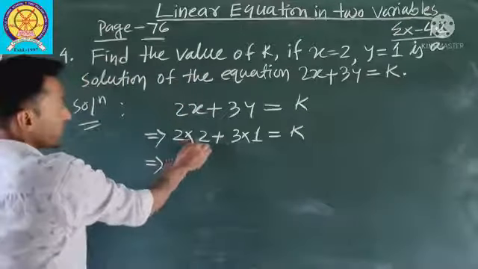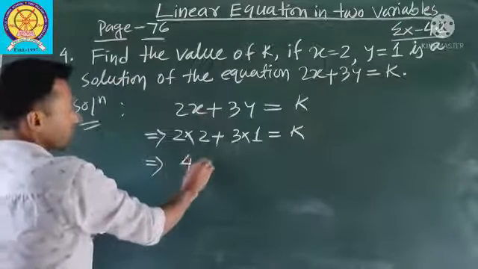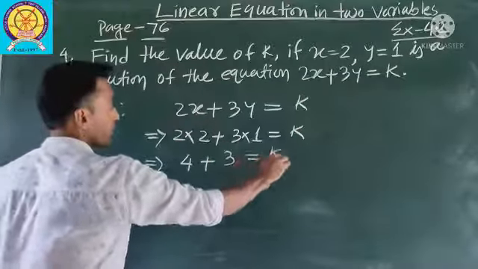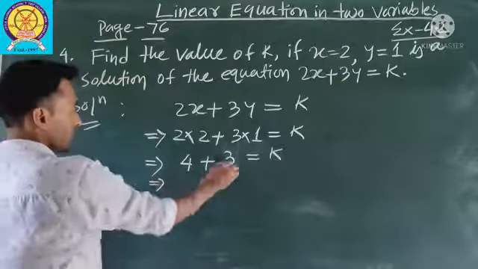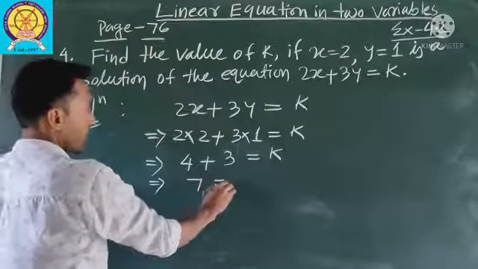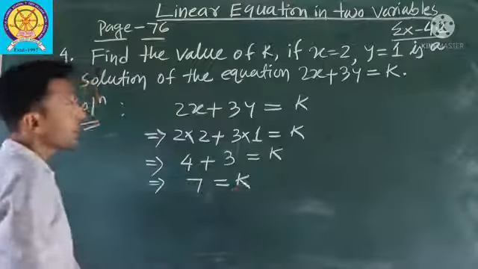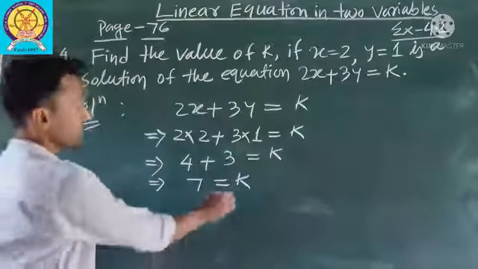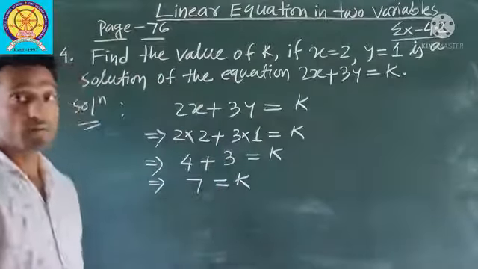Now you multiply. 2 into 2 is 4, 3 into 1 is 3, equal to k. 4 plus 3 is 7, equal to k. So your question is to find the value of k. We get k value as 7.